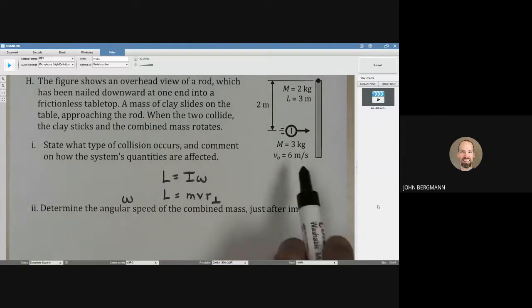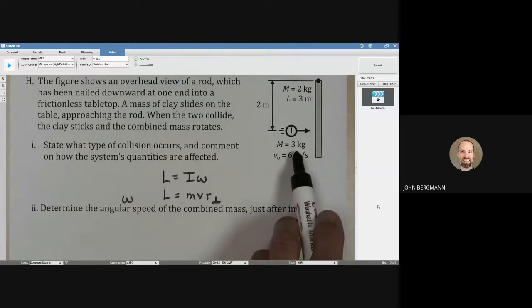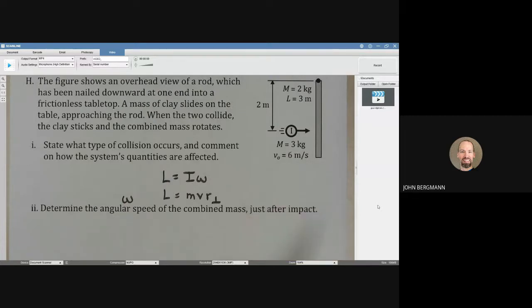Even a straight moving mass, like this one before it hits the rod, can be considered to have angular momentum about some particular point. So let's conserve angular momentum here. The initial angular momentum needs to equal the final angular momentum.